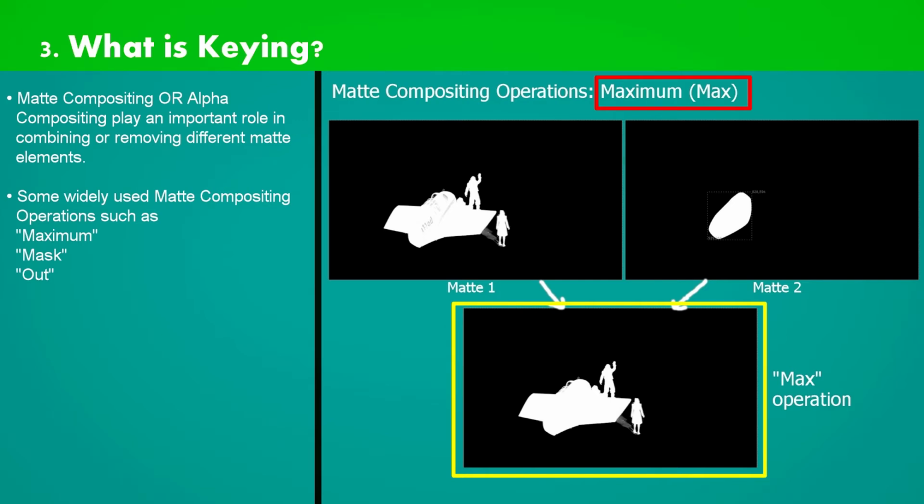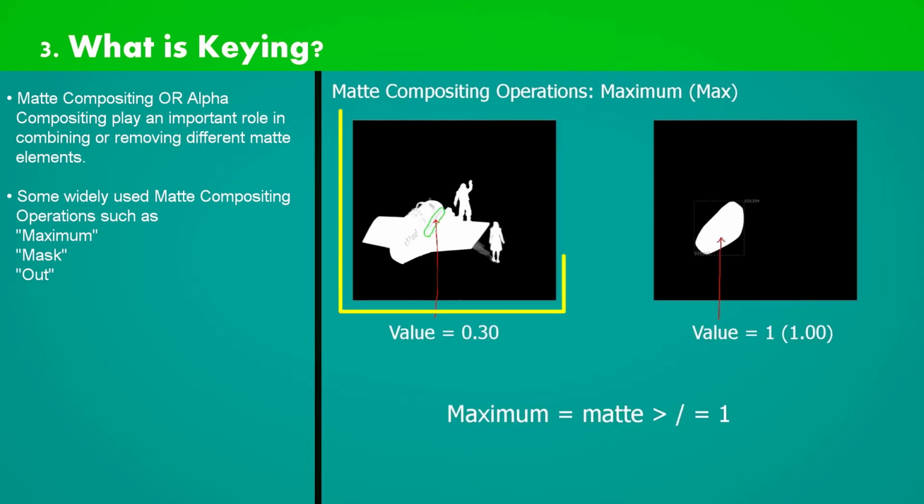Because of their importance, let's look at how it works with another explanation. On image 1, we have some matte holes in the plain area where we want complete core white. As we note down the values in a compositing program such as Nuke, we have noted that the value is around 0.30, or in short 0.3.